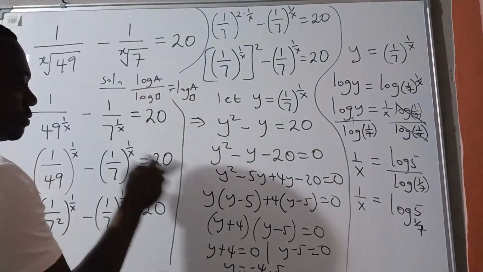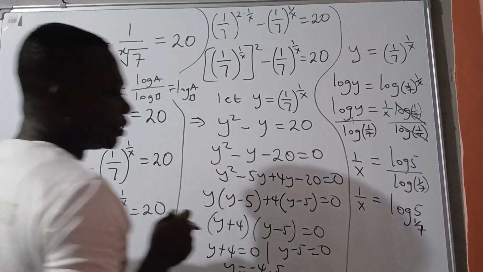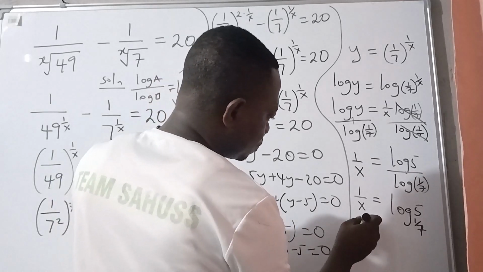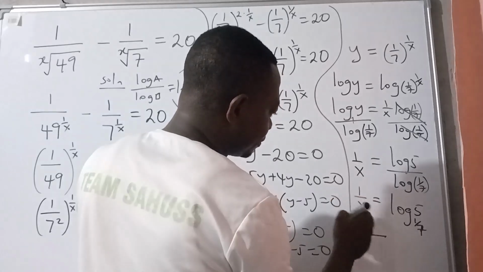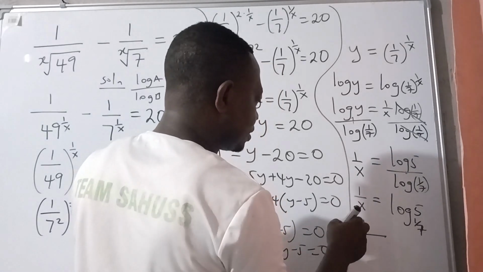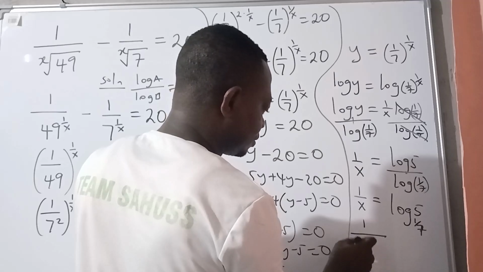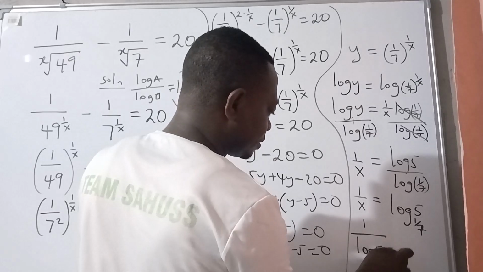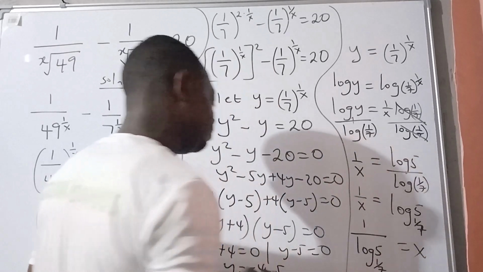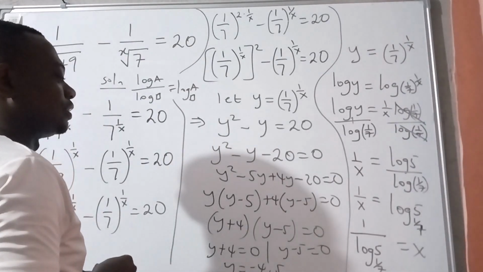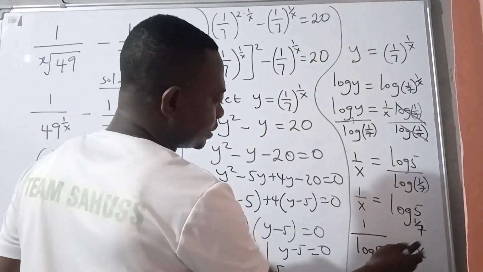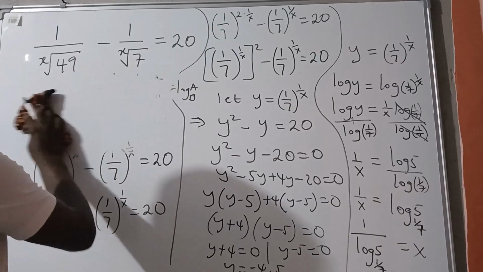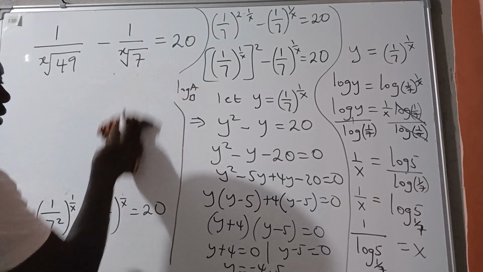Now, if you want to solve for x, you have 1 over x here. So it's the same as 1 on log 5 to base 1 on 7 equals x. So understand that 1 over that will give us this.